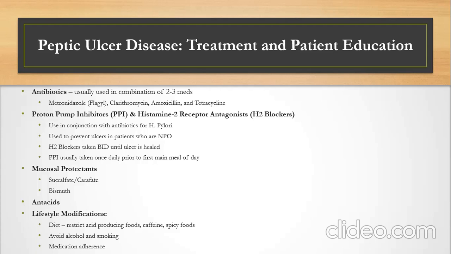And these are the antibiotics they typically use. It will depend, you know, if the patient has allergies, what have you, what other meds they're on, but these are typical antibiotics that they will choose. And then a PPI or H2 blocker, we already talked about those. They may be used in conjunction with antibiotics for H. pylori.